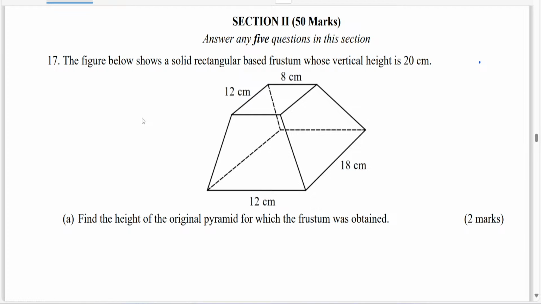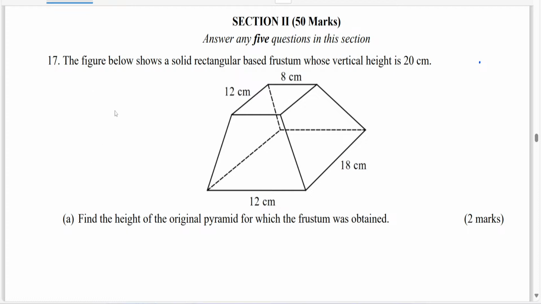As you can see, you have a question here, question 17. This section is 50 marks, and you've been told to answer any 5 questions. Therefore, I'll be answering only 5 questions. If I have time, I can add another question.